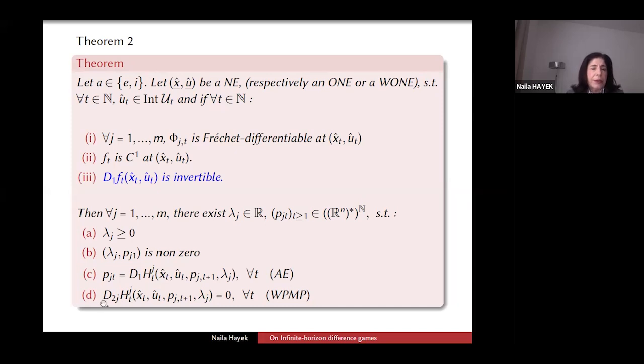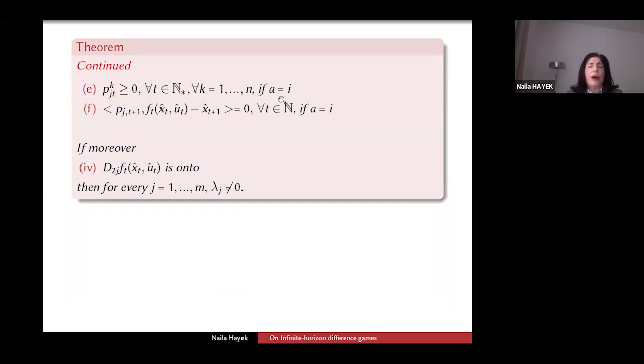In fact, the partial differential of the Hamiltonian H with respect to the strategy of the jth player is equal to 0, okay? So, if I am looking at the case with difference inequalities, I can add, as before, that the adjoint variables are non-negative and that we have the exclusion relations.